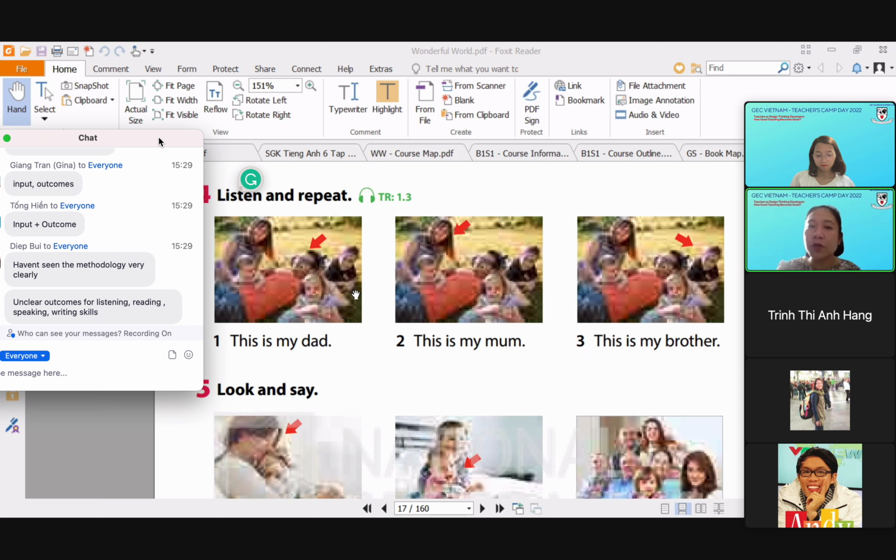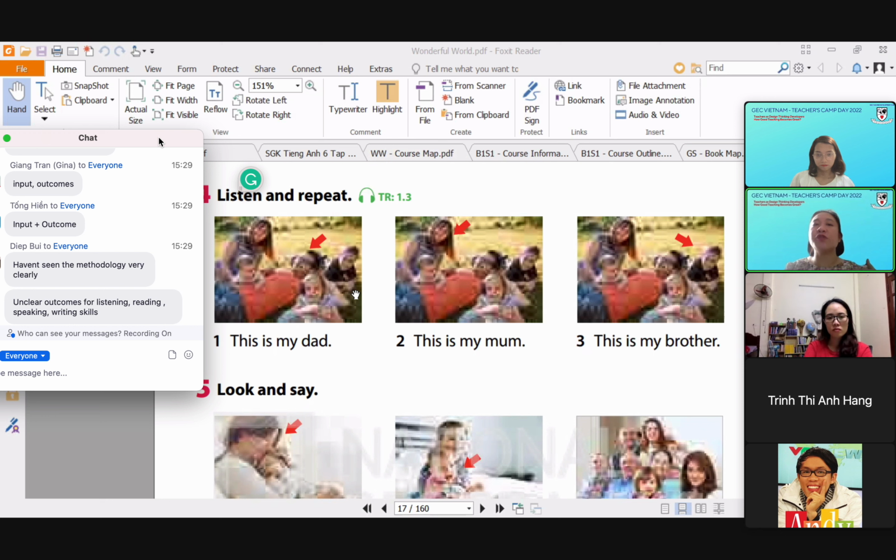Cognitivism is very important because from the input, from the behaviorism stage, they have to acquire, to memorize, to retrieve the information, and produce the information. It means that they have the ability to speak out what they have just learned, what they have just listened to.